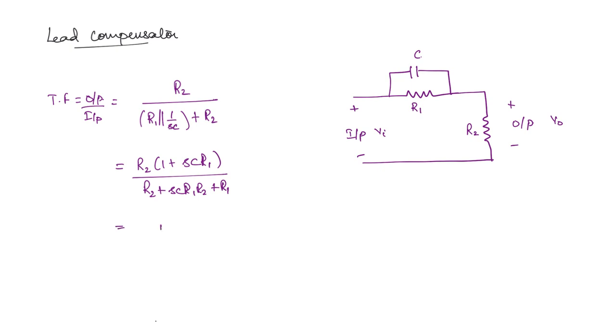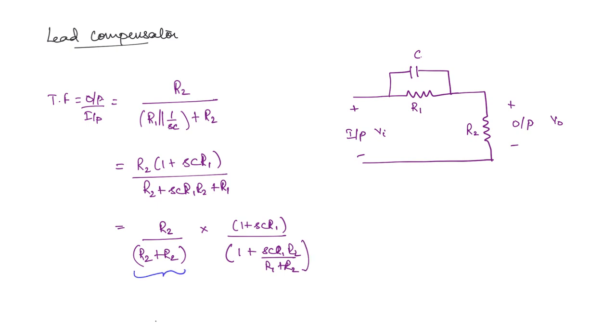Now this you can write as R2 into 1 plus SC R1, divided by R2 plus R1. If you take out the common term, what are you going to be left with here? This is going to be 1 plus SC R1 R2 by R1 plus R2.